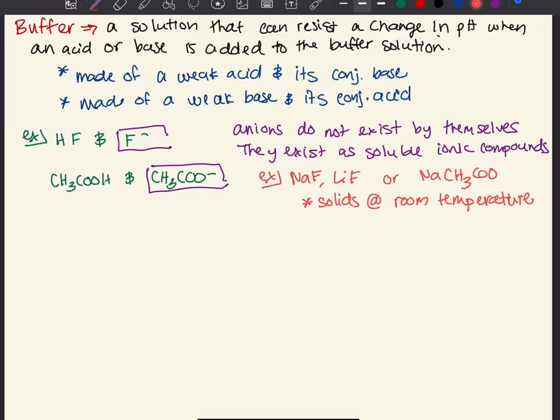Now, we could also have an example like ammonia and ammonium. Again, this is a cation, so this is an example of a weak base and its conjugate acid. Ammonium does not exist by itself, right? Cations do not exist by themselves.